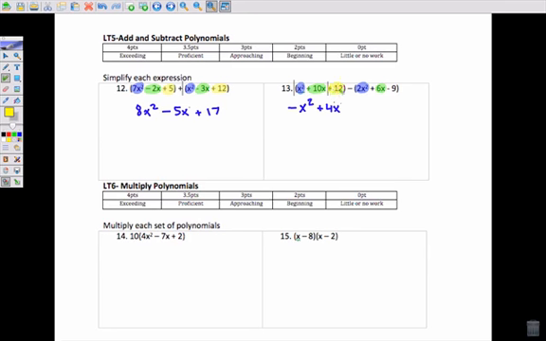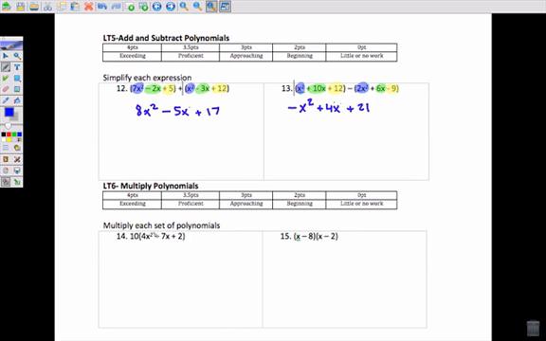The last part is the constant. I've got a positive 12 minus a negative 6, and when we minus a negative, it turns into plus a positive, so this becomes a plus 21.